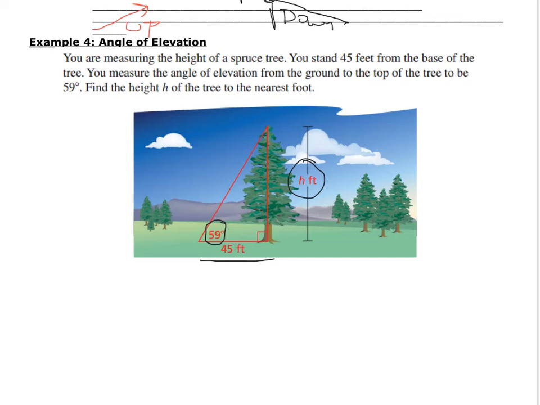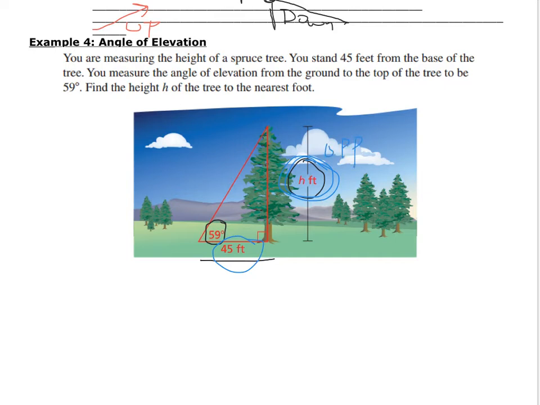Well, let's look at the 45 feet and the height. How do those two things relate to the 59-degree angle? Well, 45 and the height of the tree are the legs. Well, what leg are they to the 59-degree angle? Well, the height of the tree is the opposite leg.